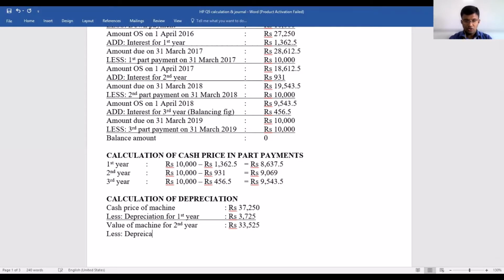Now you have to calculate the depreciation for second year. When you're calculating depreciation for second year, remember you will be calculating depreciation on this amount, which is 33,525, which will be 3,352.5.